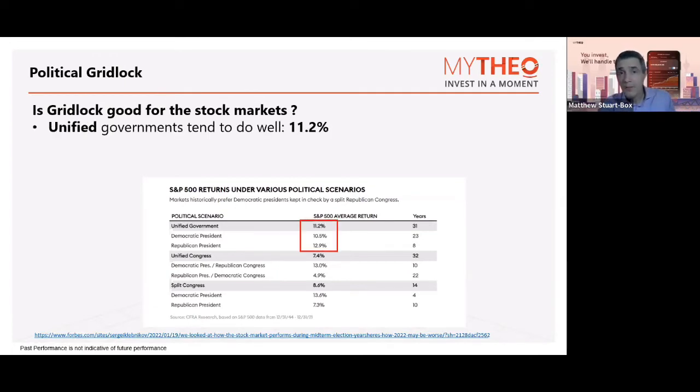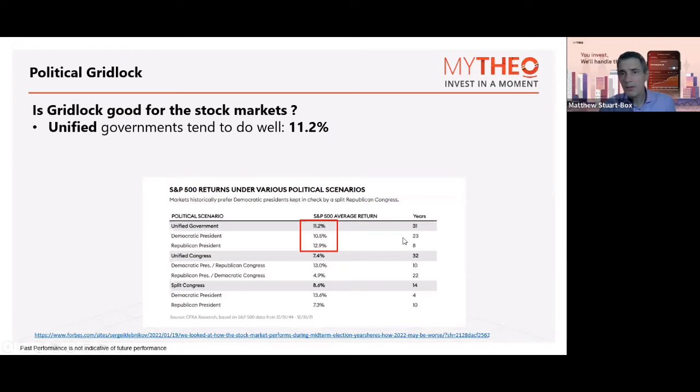And the first thing to note is this unified government, where both the presidency and the Congress are from the same party, actually gives pretty good returns. On average, the S&P returns 11.2% under these scenarios. So in that sense, this is the opposite of gridlock. This is a fully coordinated government, and that actually is quite good for markets.